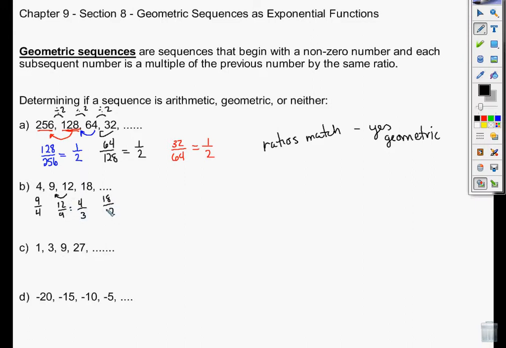And if I do 18 over 12, that reduces to 3/2. So I have 9/4, 4/3, 3/2. They don't match, right? So not geometric.